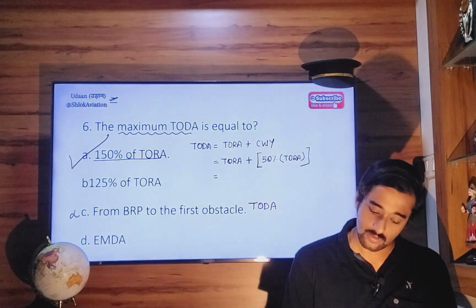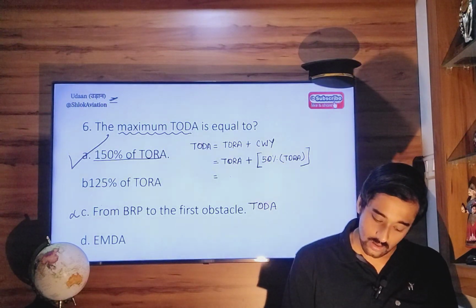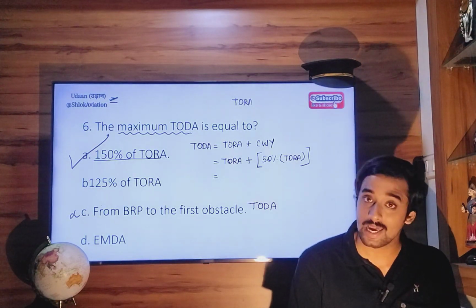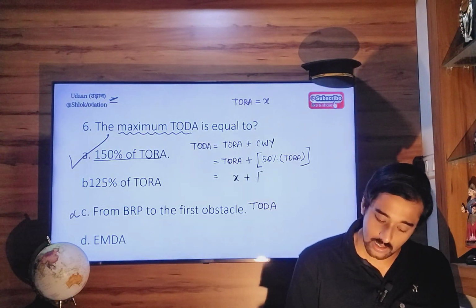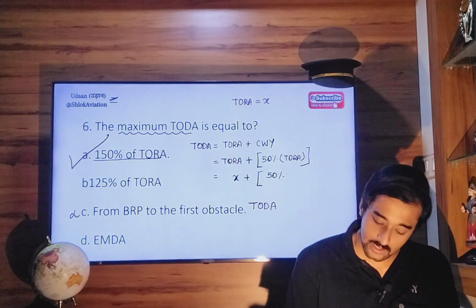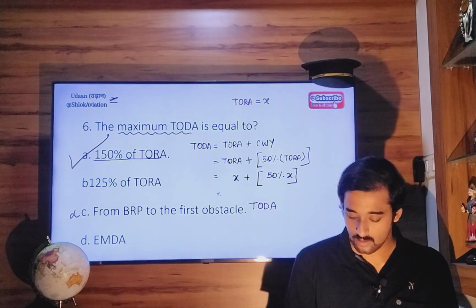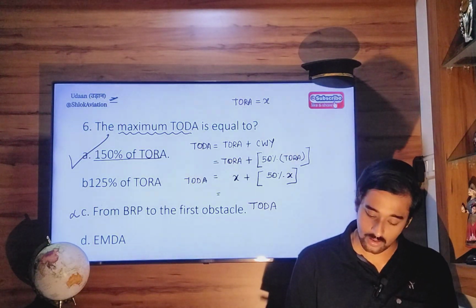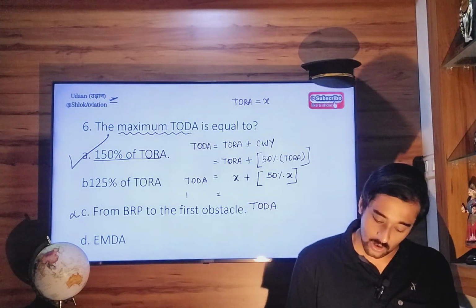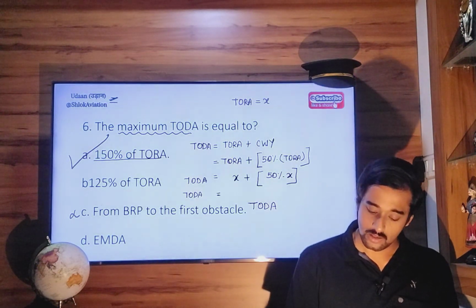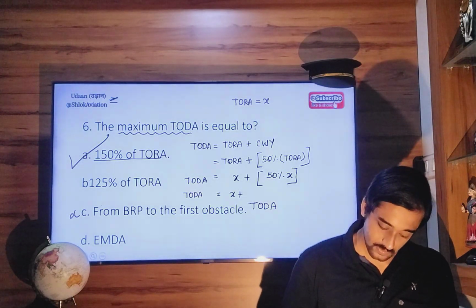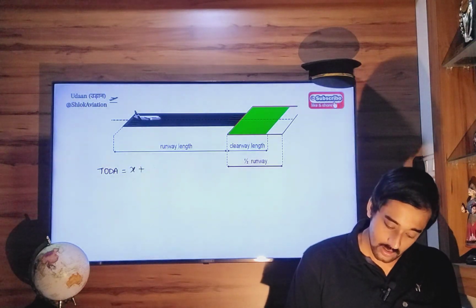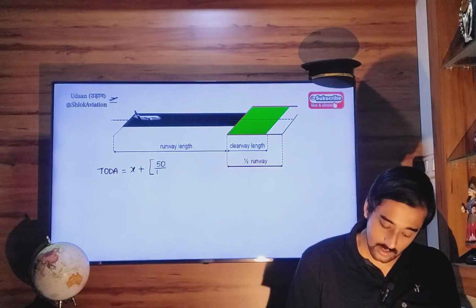So let's say takeoff run available equals x. So x plus 50% of x equals takeoff distance available. So takeoff distance available will be equal to x plus 50% of x.